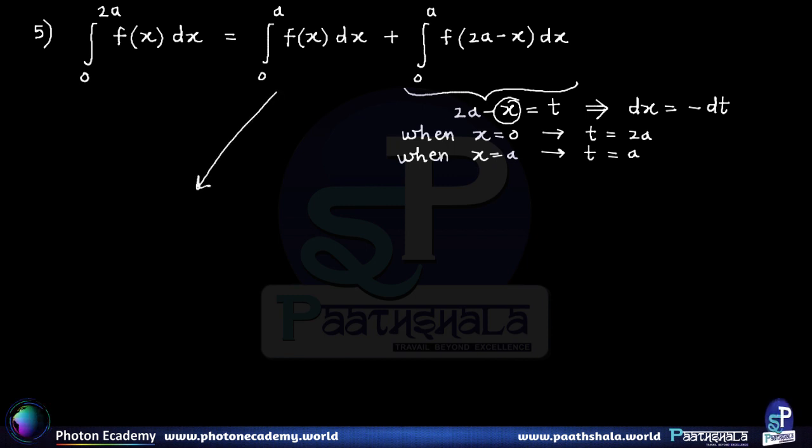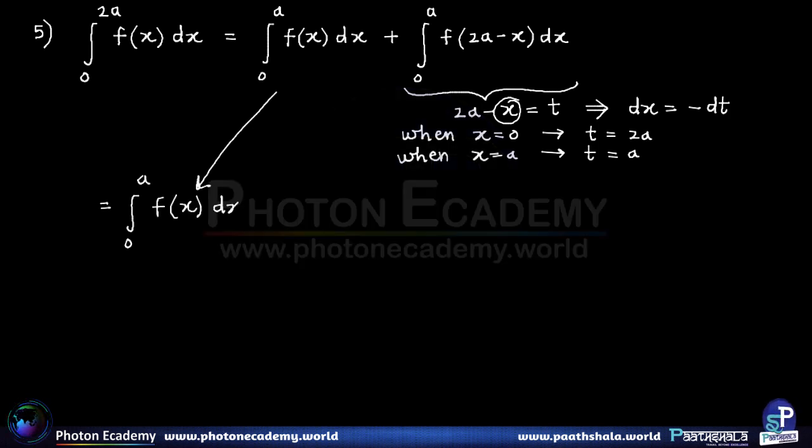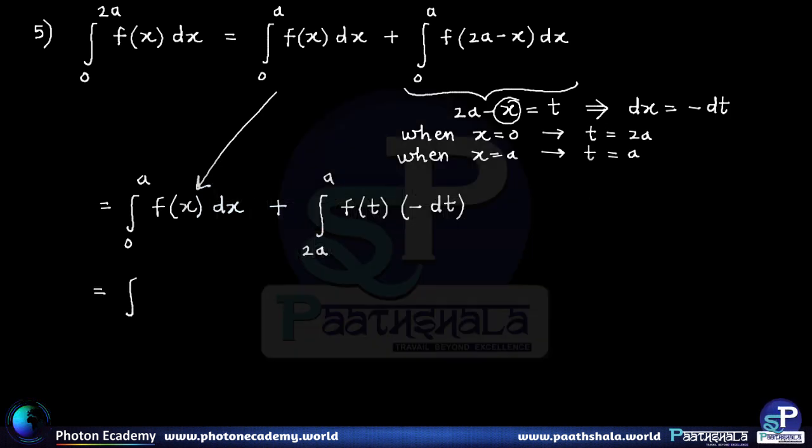So therefore let us write the first integral on the right hand side as it is, that is 0 to a f of x dx plus, now for the second integral the limits are from 2a to a f of t, and here we have minus dt. Now suppose we want to remove this minus sign, then we will have to interchange the limits, correct?